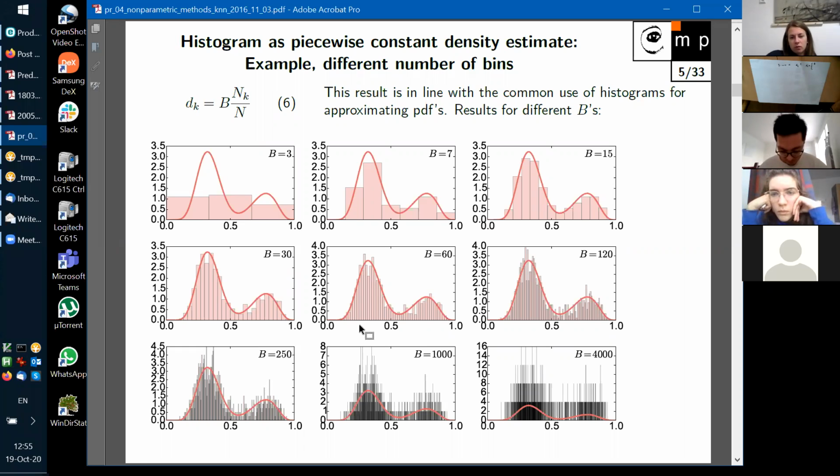So let's say we have a very large number of bins, and we have n equals 1,000. So most bins will be 0, b minus n bins at least.